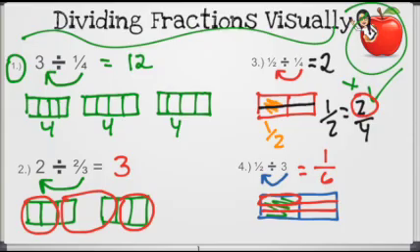Hopefully you can see that dividing fractions means how many times that fraction can fit into another number. But you may have also noticed that when I'm dividing fractions, I'm also going to be multiplying by the reciprocal.